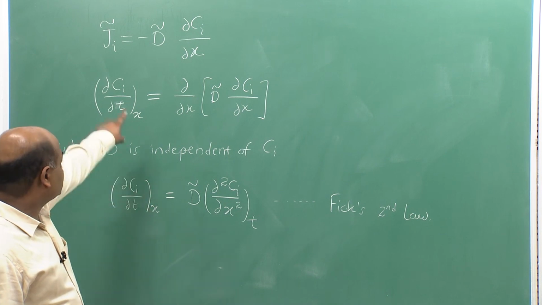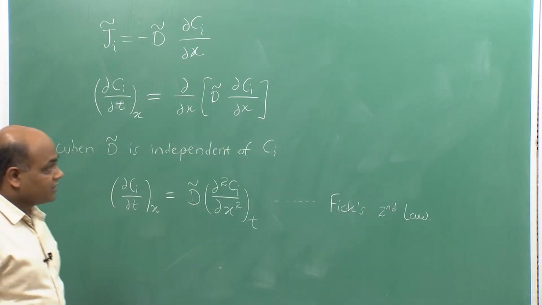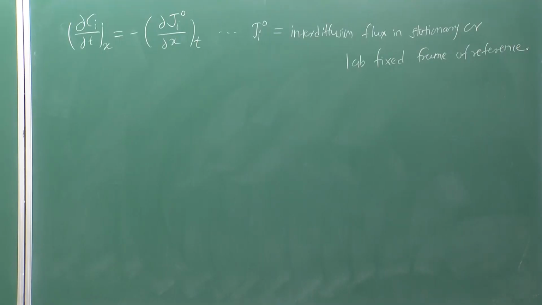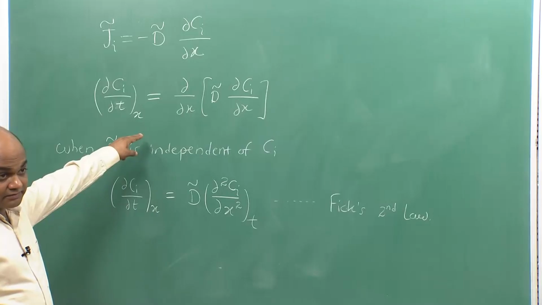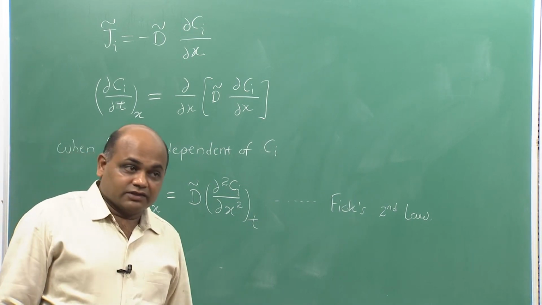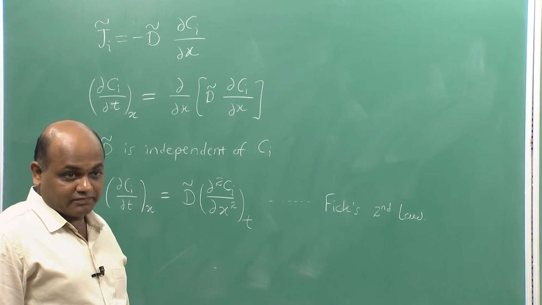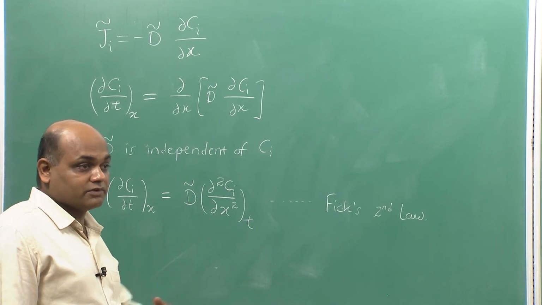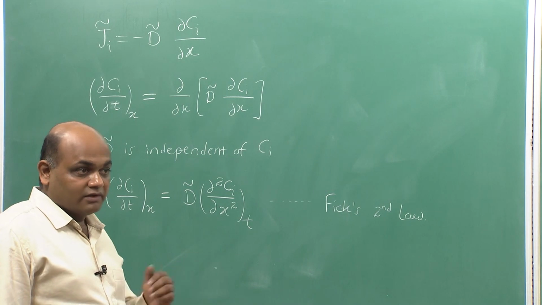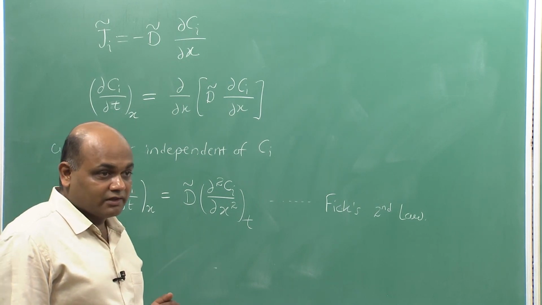And if I substitute the flux in volume fixed frame just like the flux in stationary frame of reference, what is the assumption that I am making? Right. So, volume fixed frame is coinciding with the lab fixed frame, that is when uv equal to 0, the velocity of volume fixed frame is 0, then only this can happen.